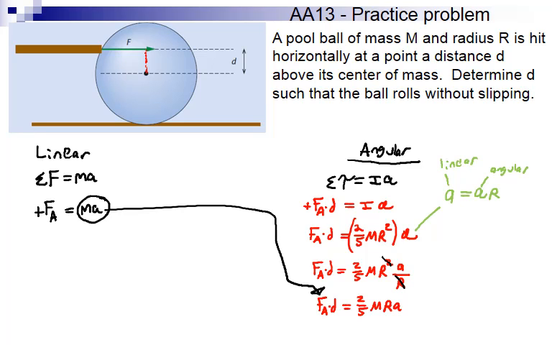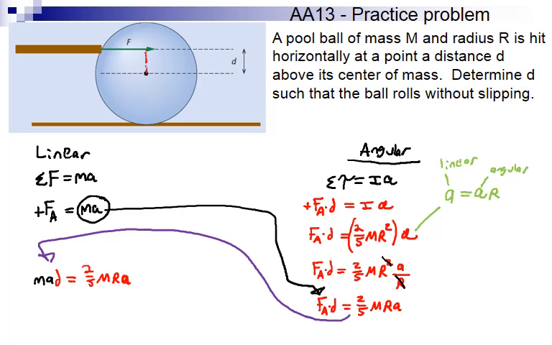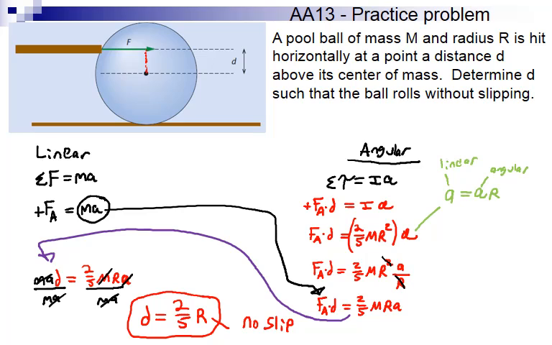And we know that the force applied equals ma, the mass times the linear acceleration there. And so we can divide both sides by ma, and a bunch of things cancel out.